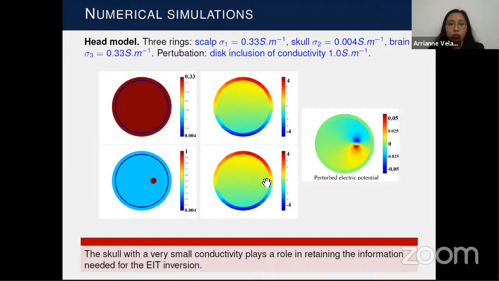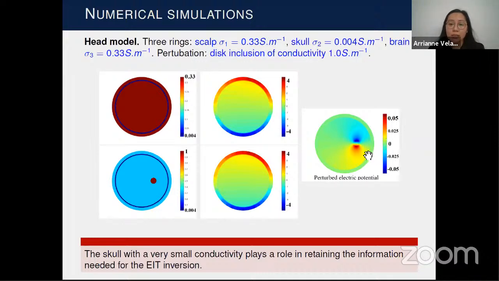Again, the second column has the forward problem solution, and we get the difference between the two. So this is the perturbed electric potential. And we observe again a significant change in the electric potential around the perturbation. But here you see that there is little to no significant change at the boundary voltages at the electrodes near the inclusion.